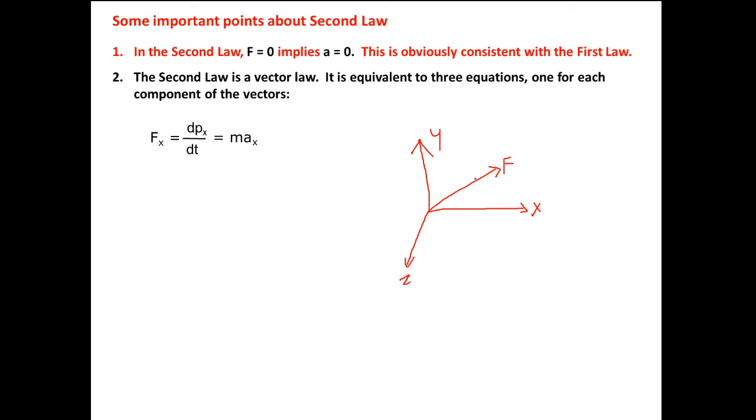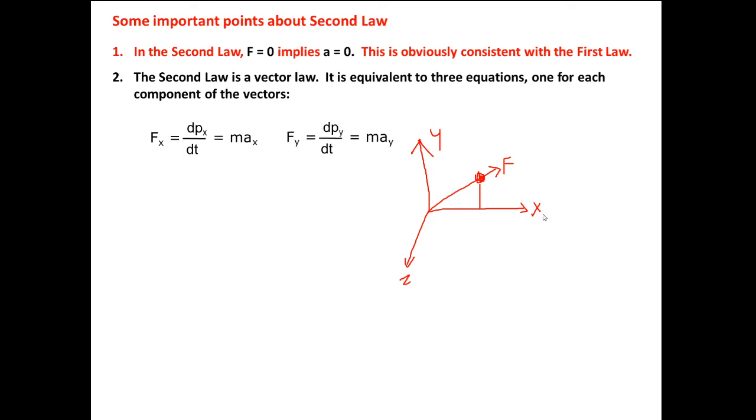Then this force which is acting on a body can be independently found along the x-axis, along the y-axis as well as along the z-axis. So that is Fx equal to dpx by dt, or it is mass into acceleration along the x-axis.